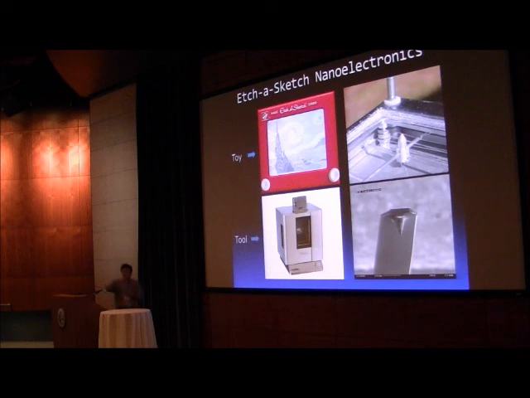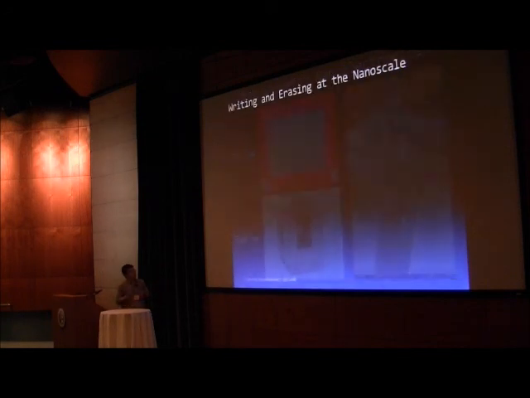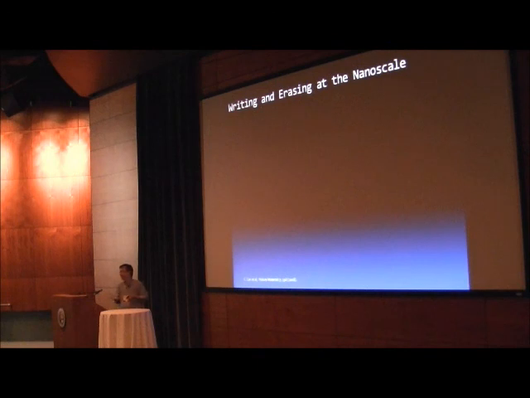And that probe makes contact with the surface. You can use this to get the height of the surface. But you can also apply local voltages. And so what we thought of doing was, instead of applying large voltages to the back of this material, we'd apply a smaller voltage to the top and see if we can switch it from the top side. Well, okay, it worked.